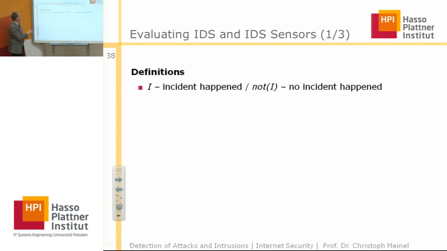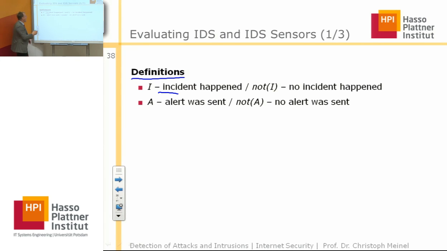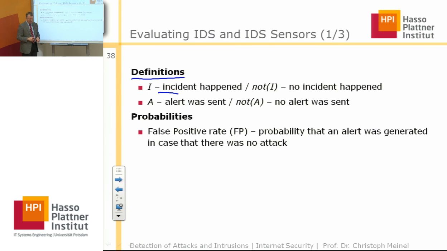So here I define some things: I is the parameter that an incident happened, and not I is that the incident does not happen. A is that an alert was sent, and not A is that no alert was sent. And now we can compute probabilities.